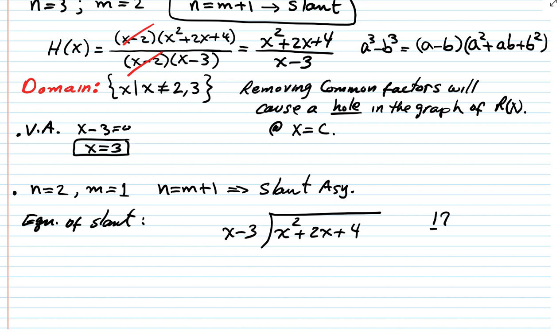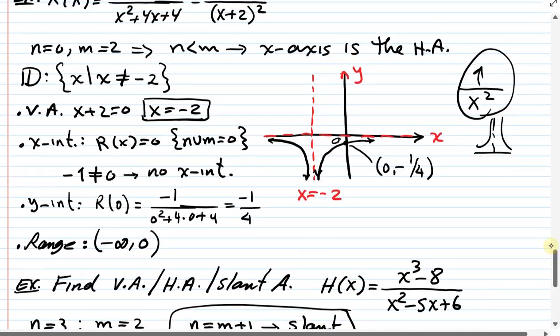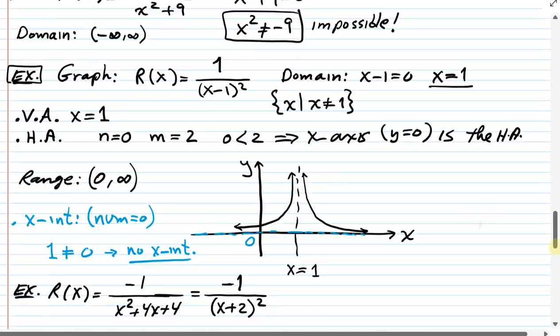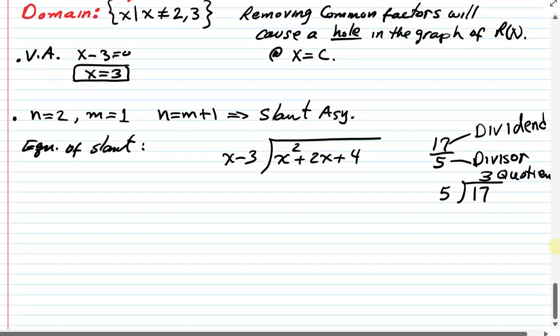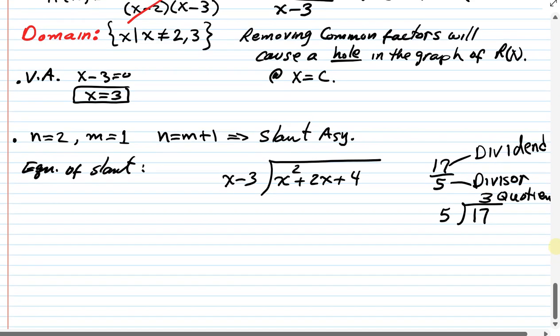Suppose I want to divide 17 by 5. Using long division, we set it up like this. Remember, this is the numerator, called the dividend. The denominator is called the divisor in this terminology. So we divide the dividend by the divisor, 17 by 5.